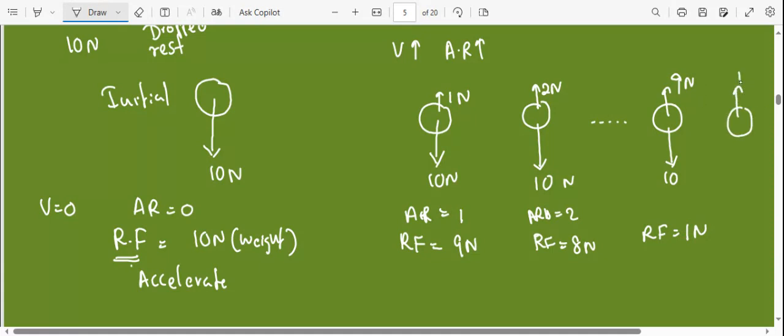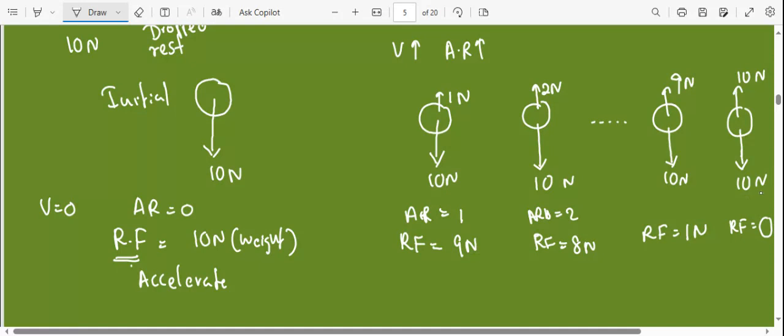At some point the air resistance is also equal to 10 newtons. The weight is 10, the air resistance is also 10. Now what is the resultant force? No, the resultant force is 0. So we discussed earlier about Newton's laws, right?